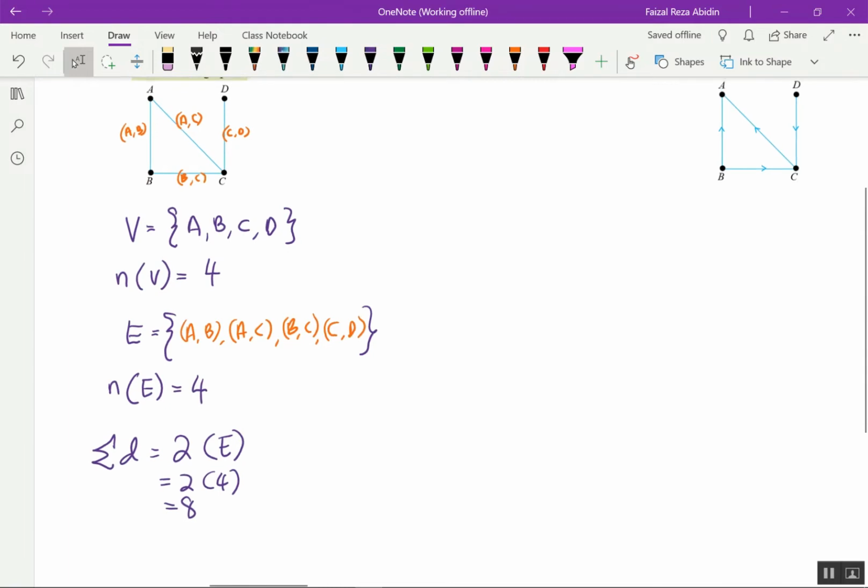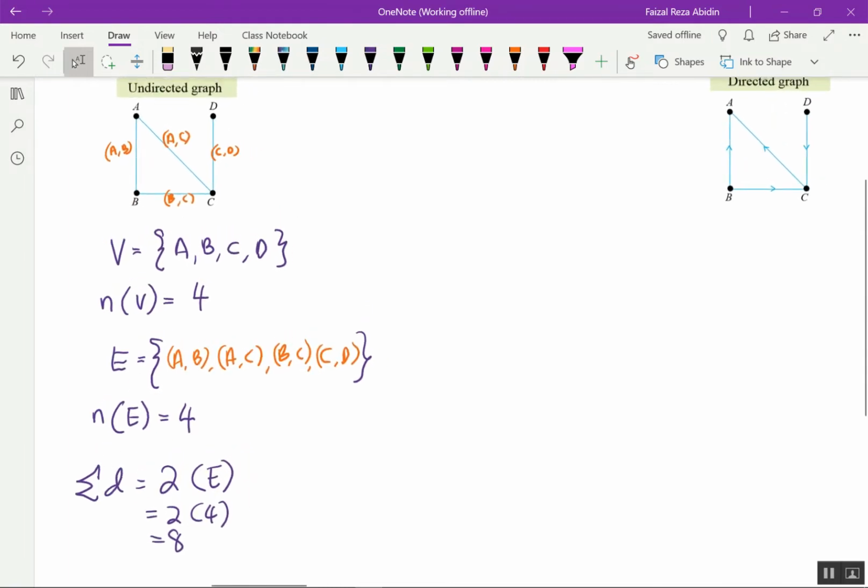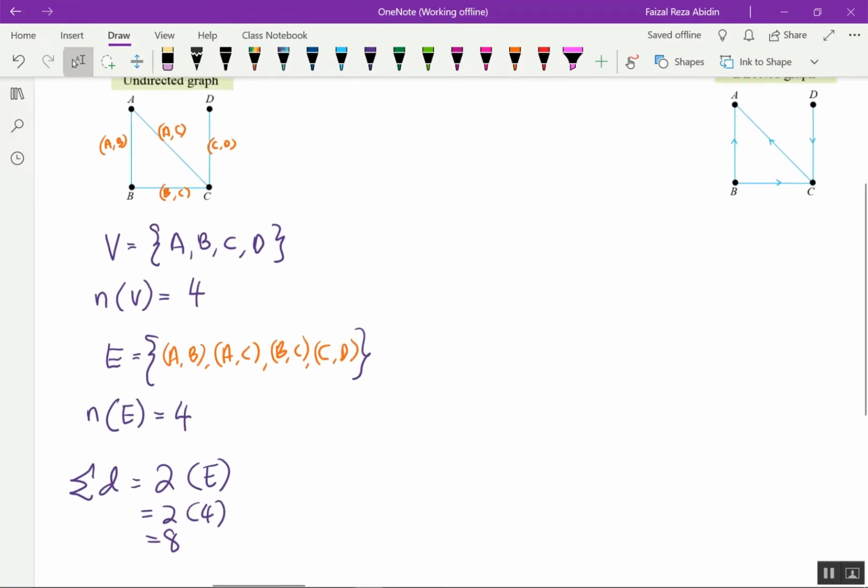Looking at the degree of vertex A, how many degrees do we have? We have 2. So the degree for A is 2. How about vertex B?